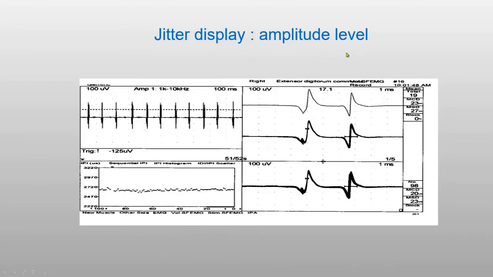Here I will show 2 displays of jitter analysis. Here is the slow sweep speed, and this is with the amplitude level, where we see the signals here and the interval between them plotted on the y-axis, and here you have the jitter in these dots, and this is 100 discharges.